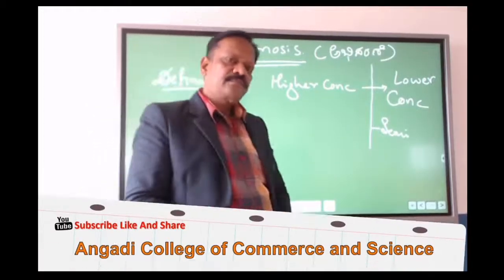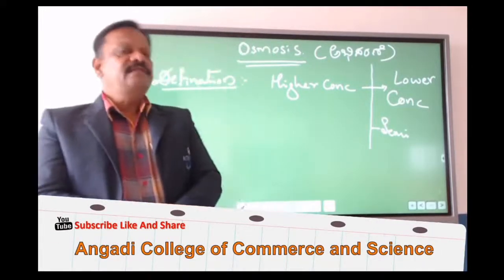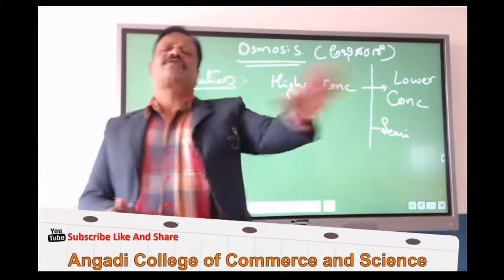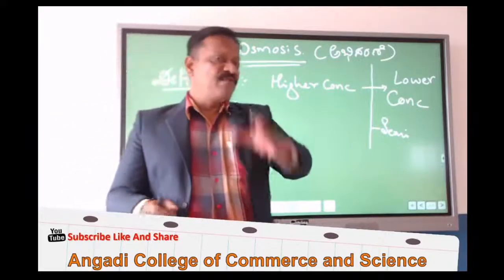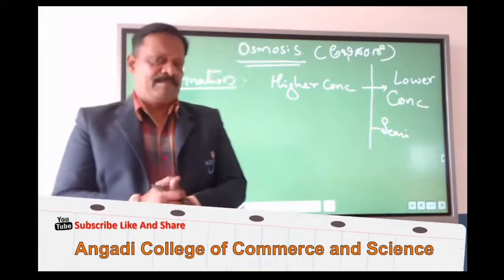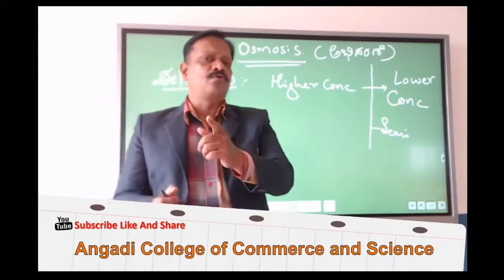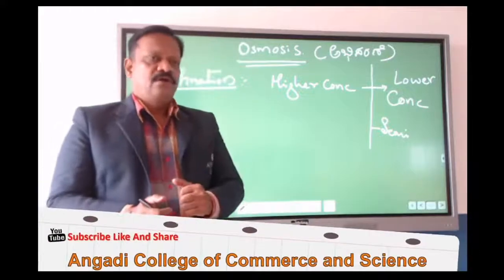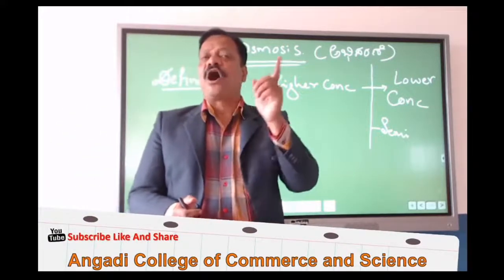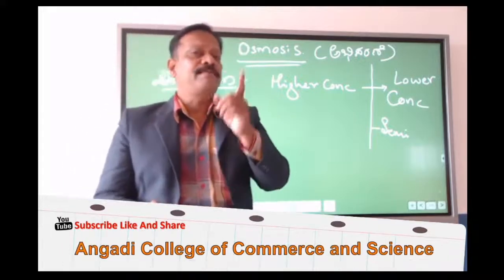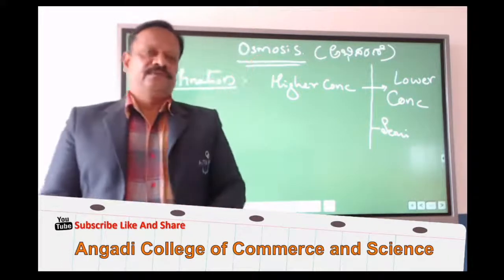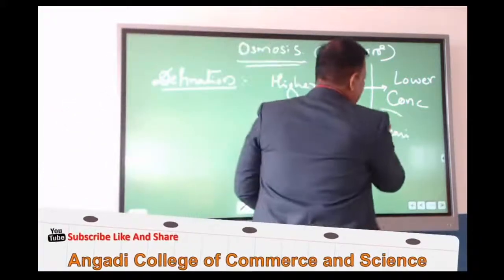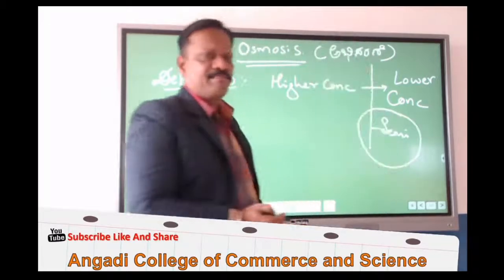I told you, in nature, a complete semi-permeable membrane is not commonly seen. If you want to see a complete semi-permeable membrane, then we have to study the urinary bladder of goat, sheep or pig. If you observe the urinary bladder, it has a complete semi-permeable membrane.